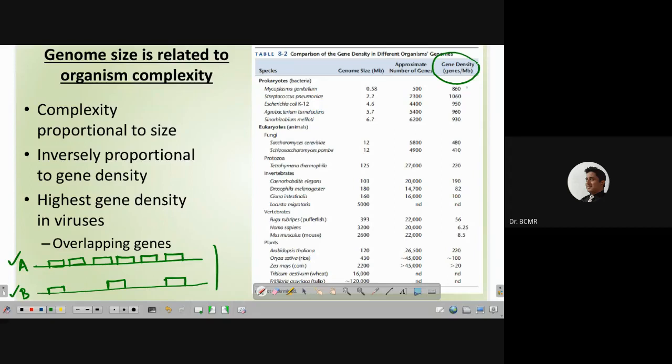If you look at some of the cells, the gene density is very high in the prokaryotes or simpler organisms. As the organisms increase in complexity, genome size is increasing, right? But the gene density is actually reducing. I hope you could understand that, say, you have 4.6 MB of genome in E. coli, and it has 4,400 genes.